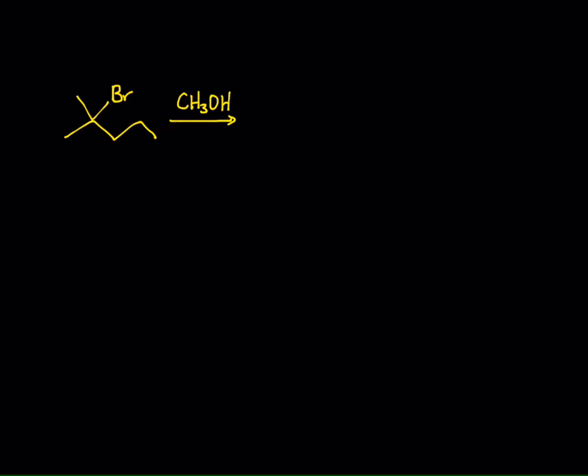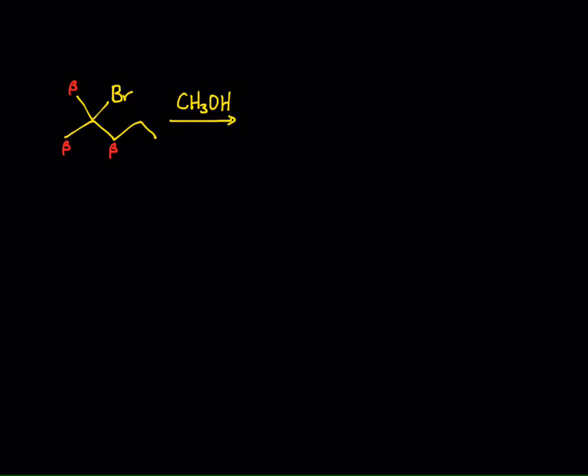So let's take the elimination product. Since we're talking about E1 elimination, let's focus on elimination products. What products should I expect to see? Well, in order to kind of figure that out, I have to think about the beta carbons. And notice the alpha carbon here has 3 beta carbons. Now, 2 of them are the same.